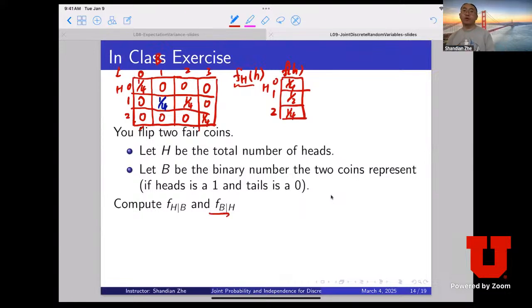We use marginal probabilities and joint densities to compute the conditional probabilities, right? So let us try conditioning on H. What is the conditional density function of B given H, where B takes 1 and H takes 0?